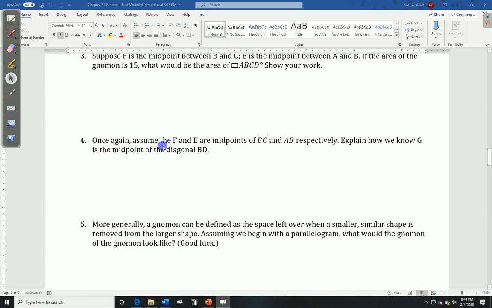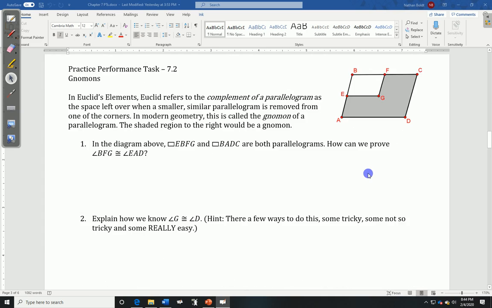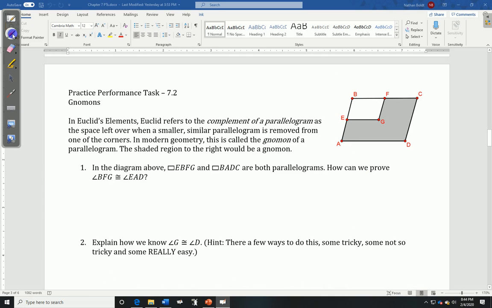All right, number 4. Once again, assume F and E are midpoints. Explain how we know G is the midpoint of diagonal BD. Again, you need to mark your diagram, okay? How do we know that G is the midpoint of this diagonal? I would recommend you think about all the shapes that are here.